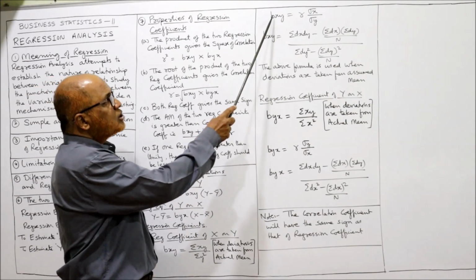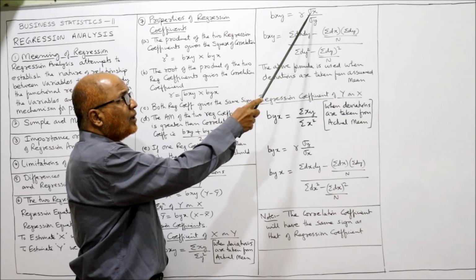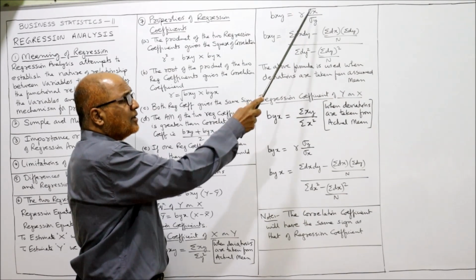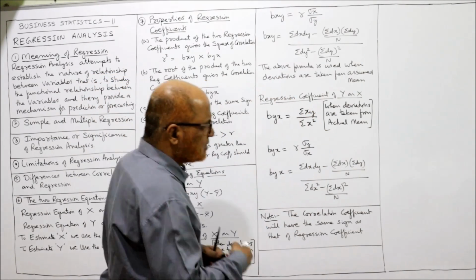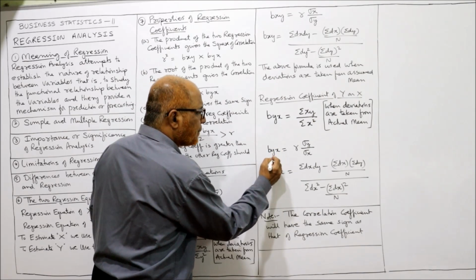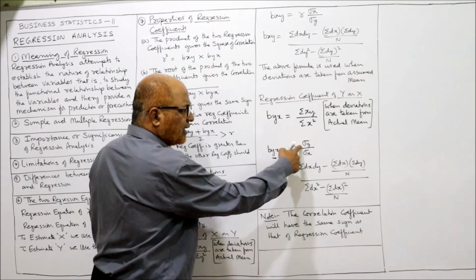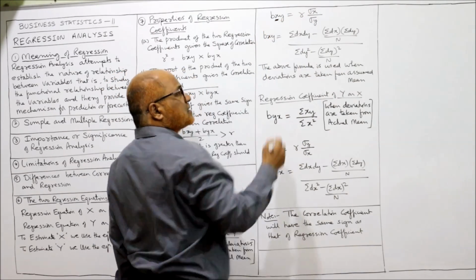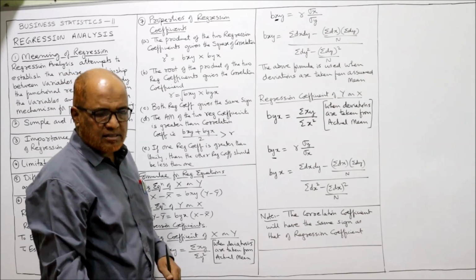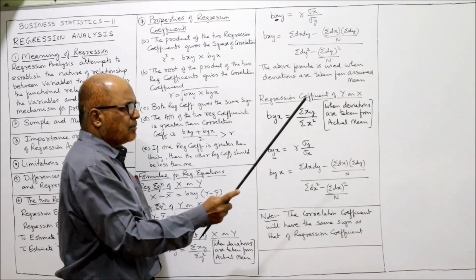See here also bxy is equal to r into sigma x by sigma y. Here numerator is sigma x, here numerator is sigma y. Because what is the first symbol here? Y. The first symbol is y. So here numerator you have to take y. Here first symbol is x. So numerator you take x. Sigma x by sigma y here, sigma y by sigma x here.